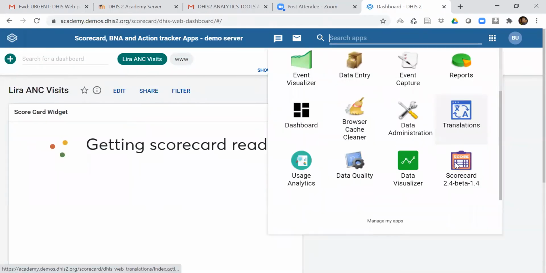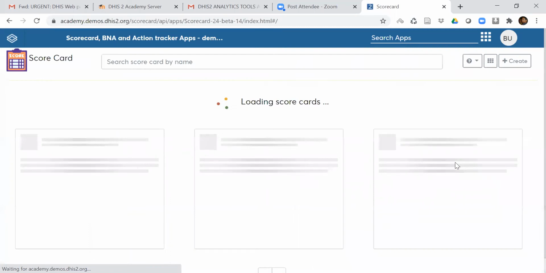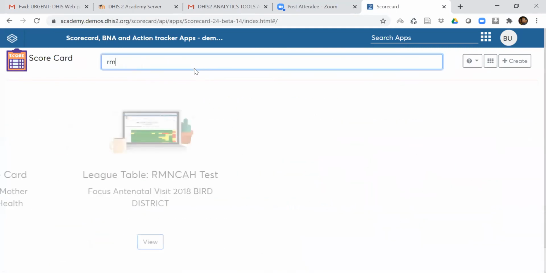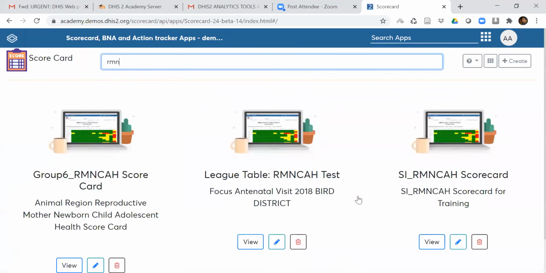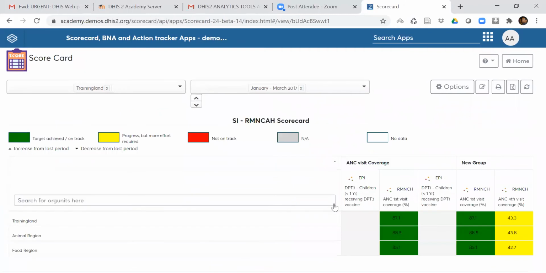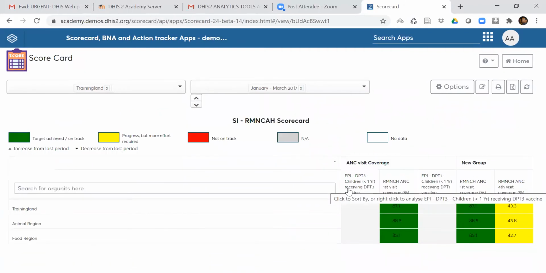Okay, fine. Here we have the scorecard app, and this is a scorecard created by some of you. So I think you are with me.